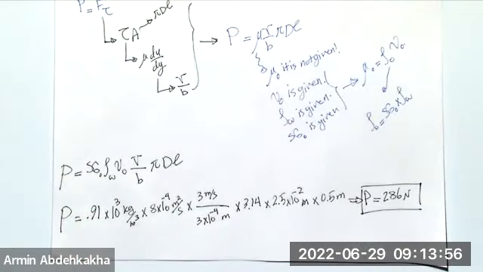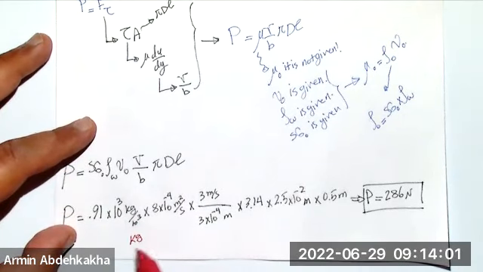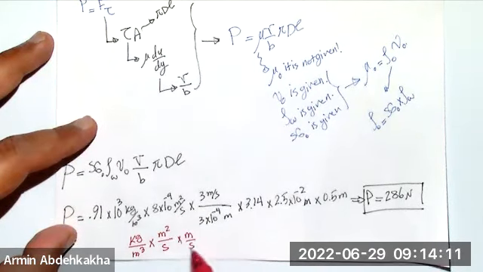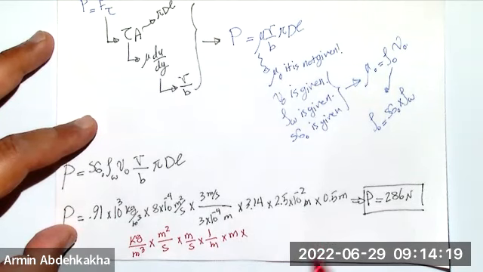And let's check the units. No unit, kilogram per meter cube times meter square over second times meter per second times 1 over meter for this, times meter and times meter. I may have made a mistake.